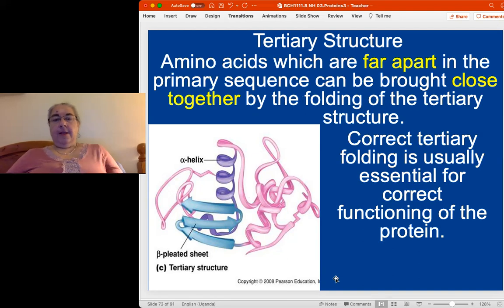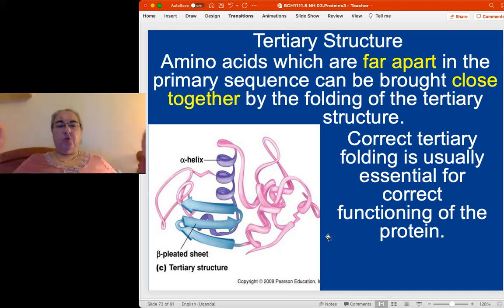Okay, so you'll see if you look at this diagram that amino acids which would be far apart if we stretched out the polypeptide chain into its linear form are being brought close together as the protein folds up.